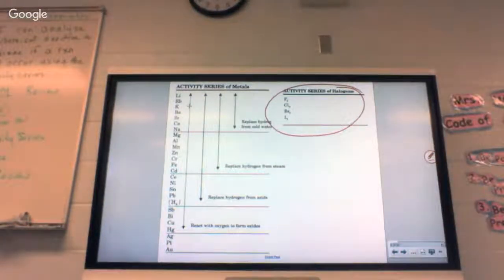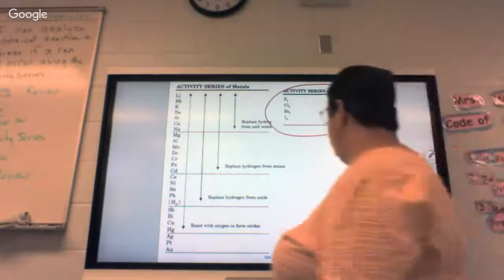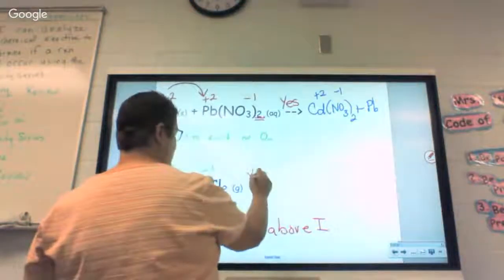They're so focused on no that they miss the activity series for the halogens. The activity series for the halogens only has the 4 halogens, the same ones, the Cl Br I F that we said were -1. Is chlorine above iodine? Yes. So, the answer is yes.